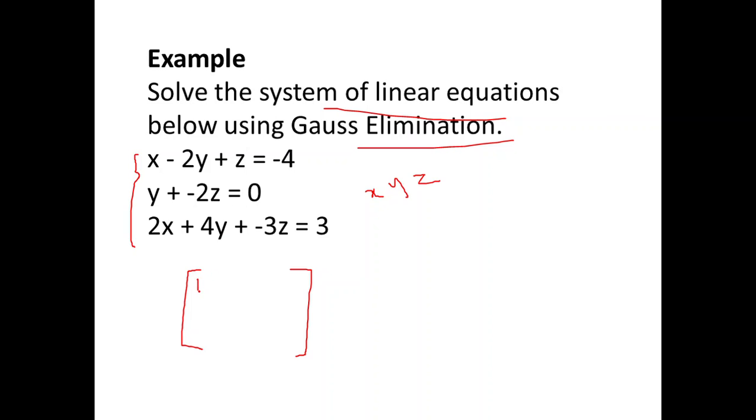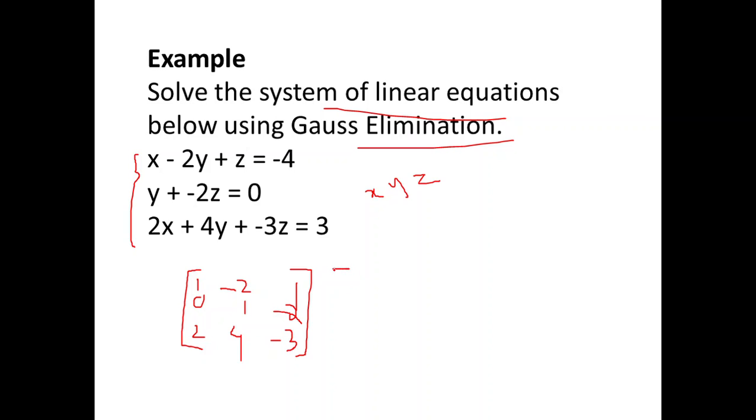So the first row will be 1, minus 2, 1, and the second row will be 0 because there is no coefficient for x, the y coefficient is 1, the z coefficient is minus 2, and for the third row the x coefficient is 2, y coefficient is 4 and z coefficient is minus 3.